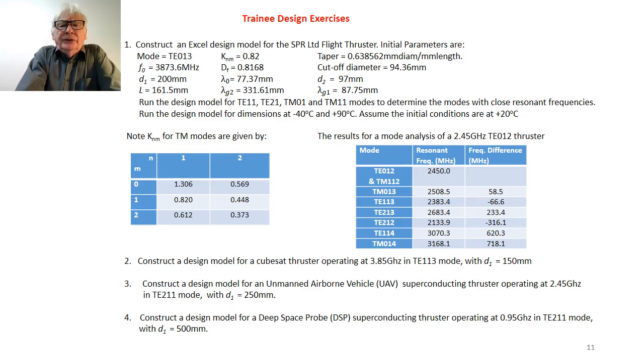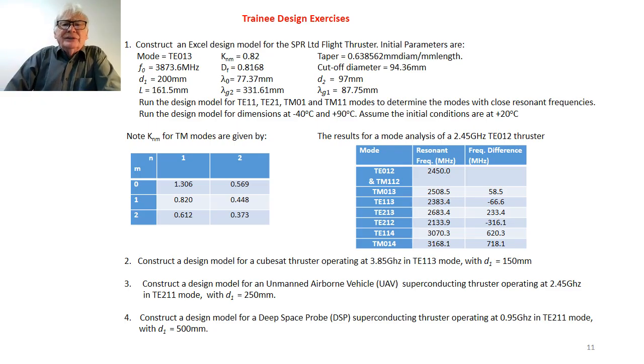What you will end up with is, as I say, a set of frequency differences. And just to give you a feeling for what you're trying to aim for, I've given you a set of results for a mode analysis of a different thruster. I'm not going to enable you to cheat too easily.